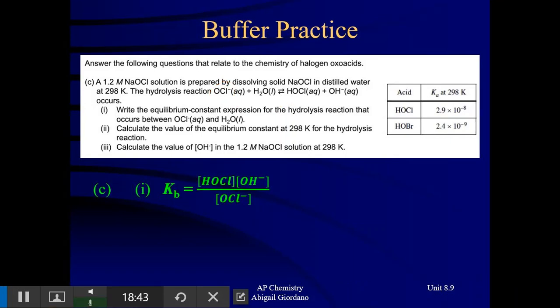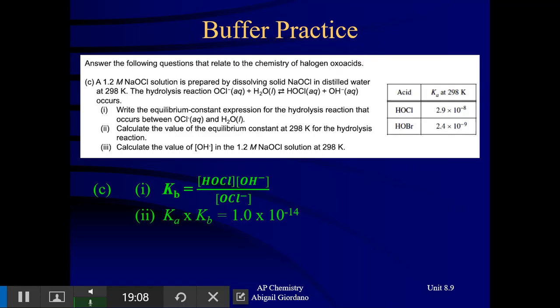Okay. And so in the next part, it says calculate the value of this Kb equilibrium constant. And you might say, well, how am I supposed to do that? If you look at the table on the right, we're only given Ka values. On your equation sheet, you have an equation that looks like that.